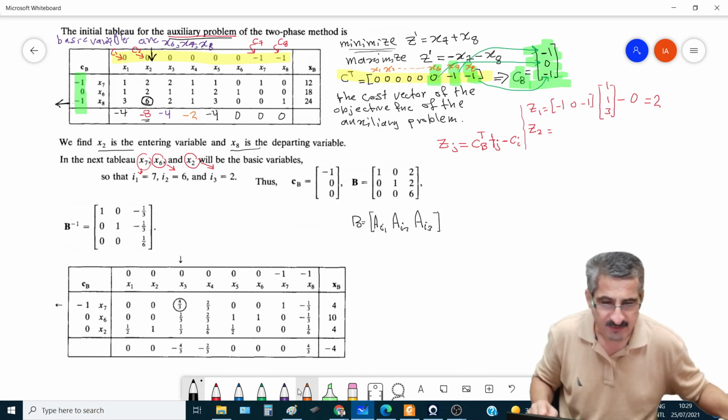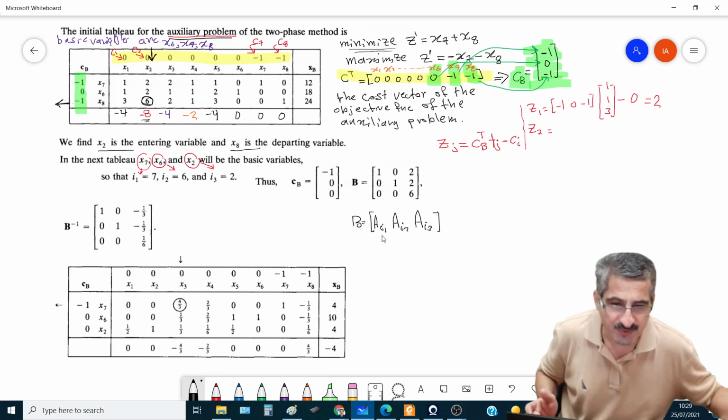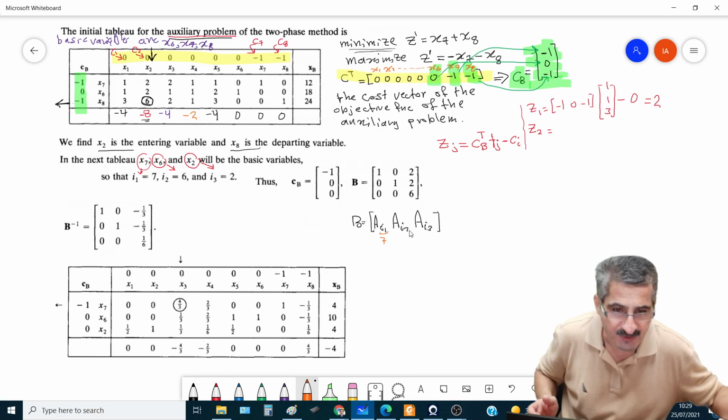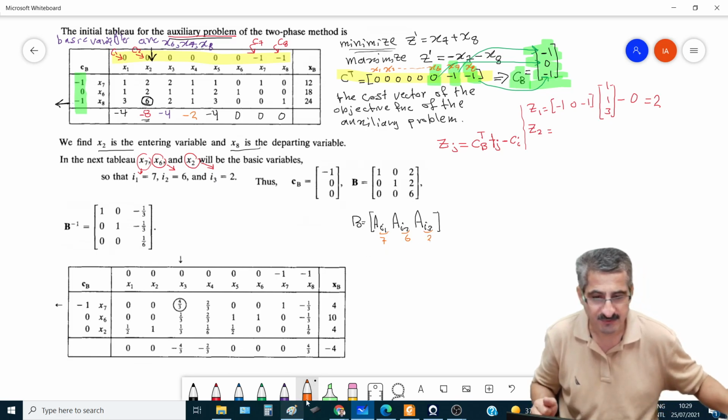But I1, I2, I3, this is the 7th column, I2 is the 6th column, and I3 is the 2nd column, correct?